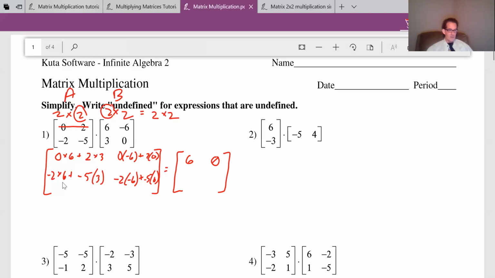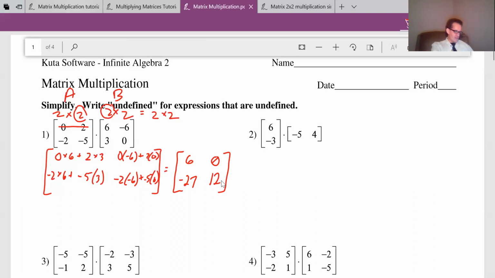So -12 plus -15 is going to be -27. And that goes right here. And then from my bottom right corner, I have -2 times -6, that's 12. And I have -5 times 0, that's 0. So this number here is going to be 12. And that's your answer to that matrix right there.